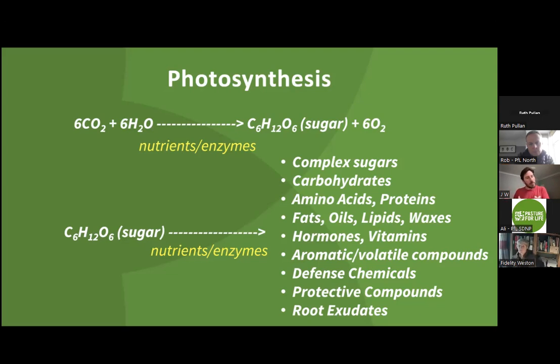These secondary processes are also catalyzed by the essential macro and micronutrients. And if we have a limitation of these, then we don't optimize this process of turning the building block, the sugar molecule, and extracting or utilizing the carbon from that sugar molecule and turning it into all of these other things.